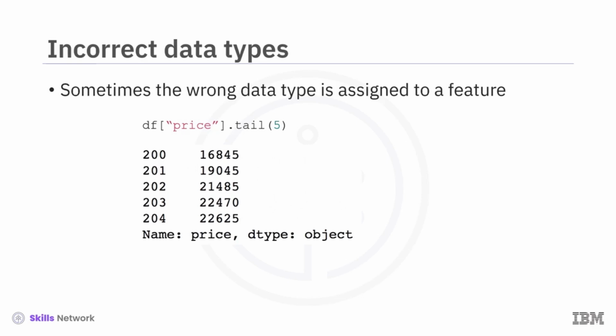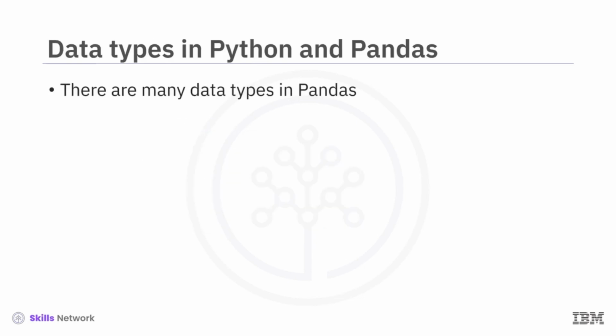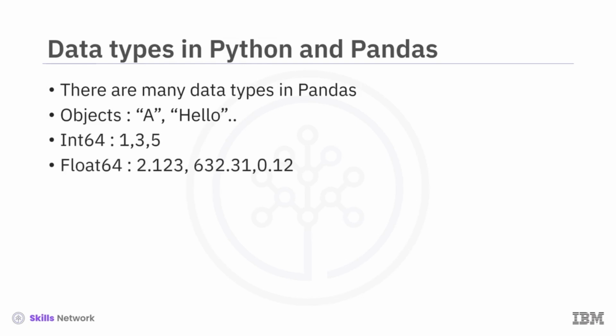Otherwise, the developed models later on may behave strangely, and totally valid data may end up being treated like missing data. There are many data types in Pandas. Objects can be letters or words. int64 are integers, and floats are real numbers. There are many others that we will not discuss.